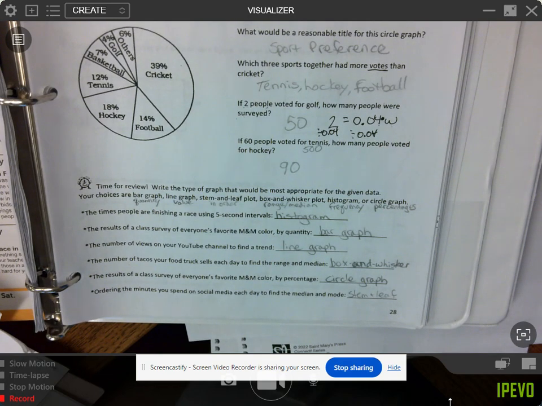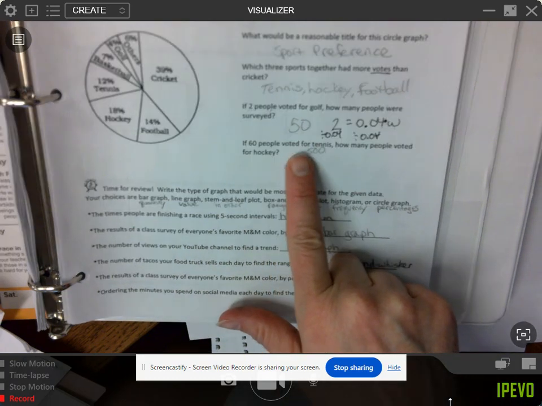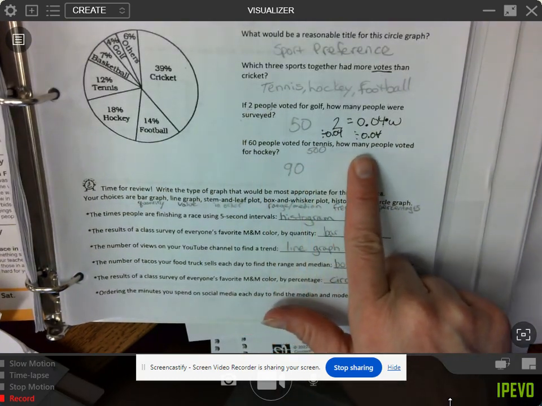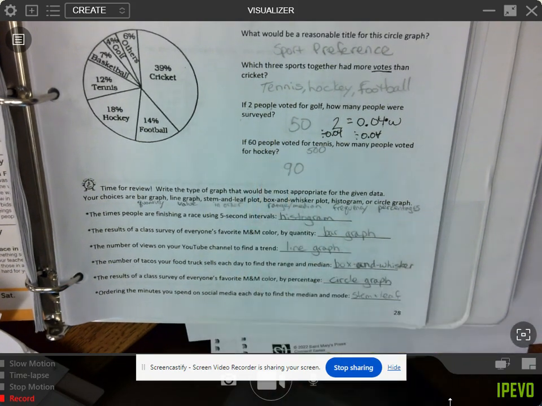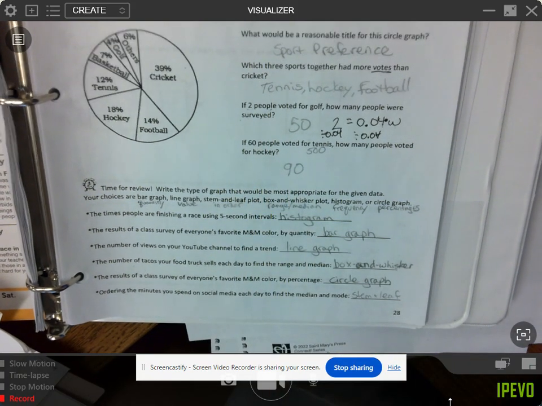So that's where we have to be really careful. It's 100% for the graph, but there can be different numbers of people that are surveyed. So I'm glad you figured out where you got your number from. All right, if 60 people voted for tennis, how many people voted for hockey? Oof, this is a multi-step problem.